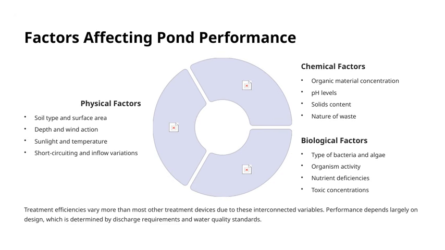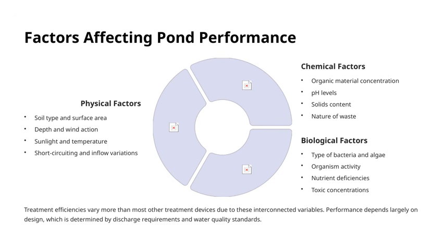Now, biological factors are equally vital. The type of bacteria and algae present determines how well the pond can break down waste. The activity of these organisms, their growth rates, and health all impact the treatment process. Nutrient deficiencies can limit microbial activity, reducing efficiency, while toxic concentrations of substances can inhibit or kill beneficial microbes.